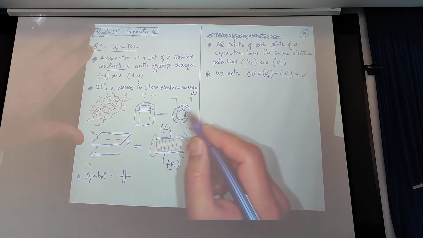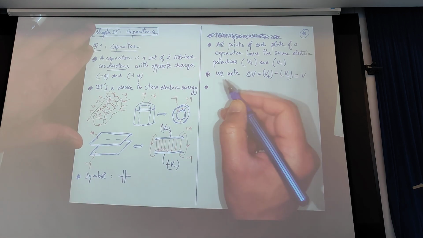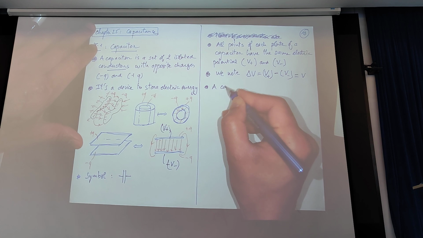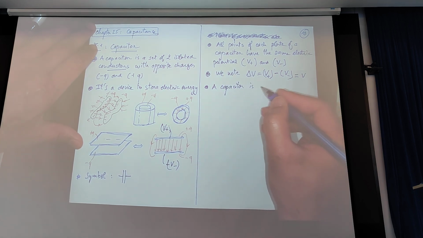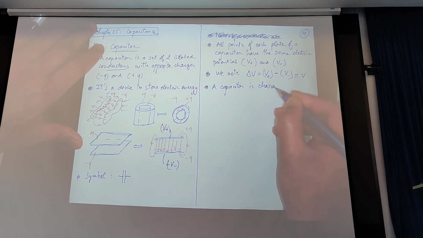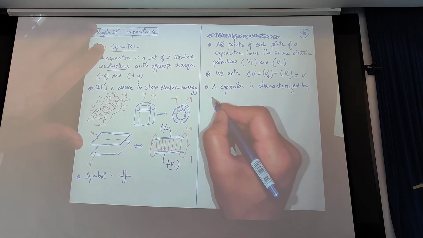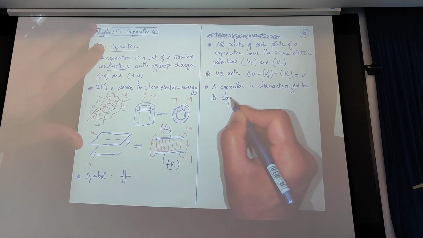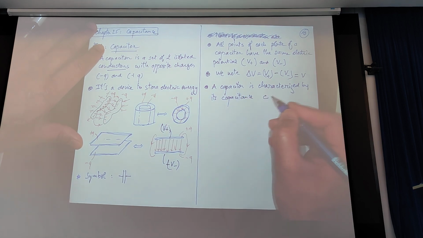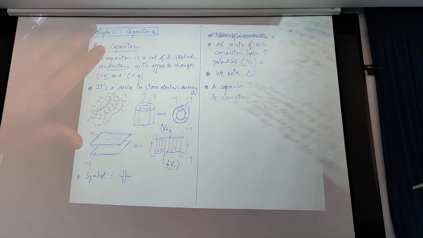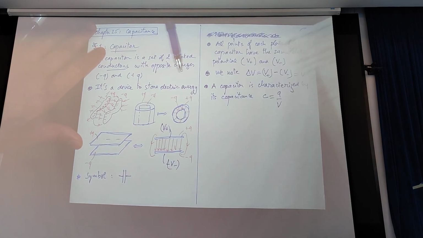Okay. A capacitor is characterized by its capacitance, which is by definition C equals Q over V. Okay?